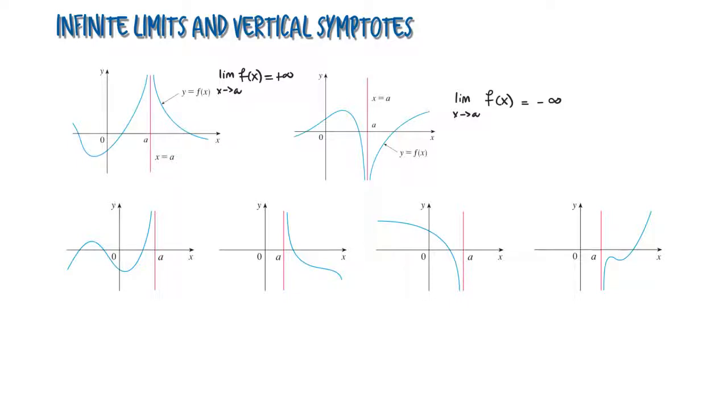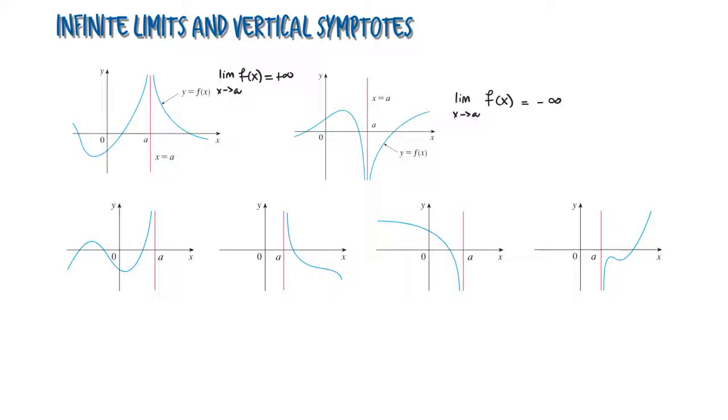When we look at this function right here, we don't have function on the right of a, but that's okay. I can have an infinite limit that only exists on one side of a. As long as I have some sort of infinite behavior, that vertical line becomes a vertical asymptote. So in this case over here, on the left of a, the graph goes all the way up to positive infinity.